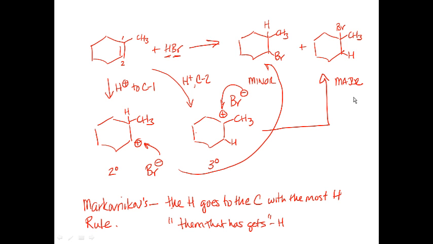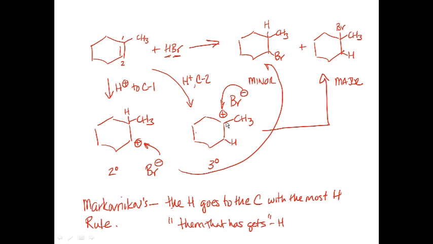Now we know why that's the case, because we go through a carbocation and we know the more substituted carbocation, which by the way is the carbocation that has the fewer hydrogens attached to it, or came from the carbon with the fewer hydrogens, that one gets the bromine and the other carbon gets the hydrogen because that produces the more stable carbocation. Okay, so Markovnikov's rule helps us predict what the major product of the reaction is, but really it's the mechanism that shows us why we get that particular major product.